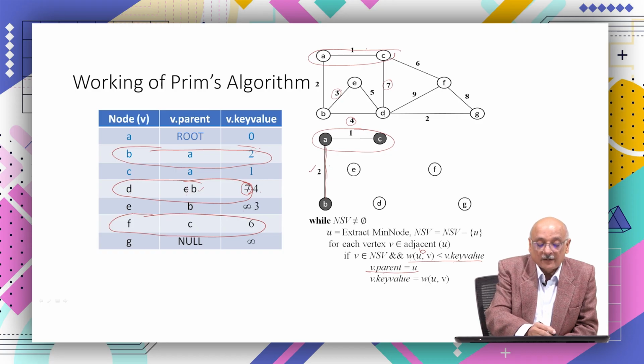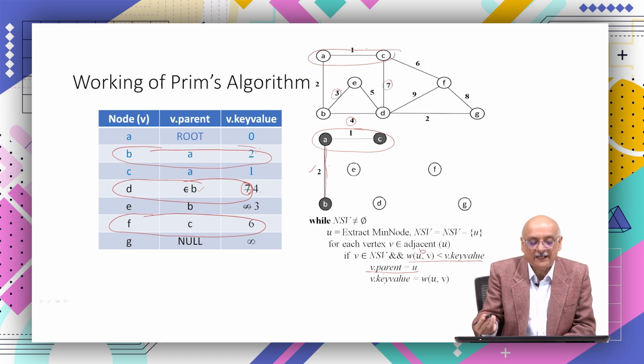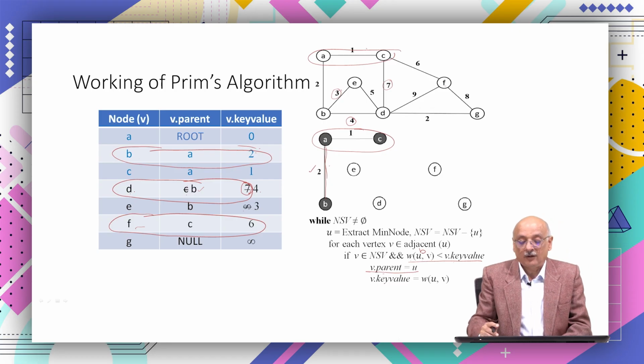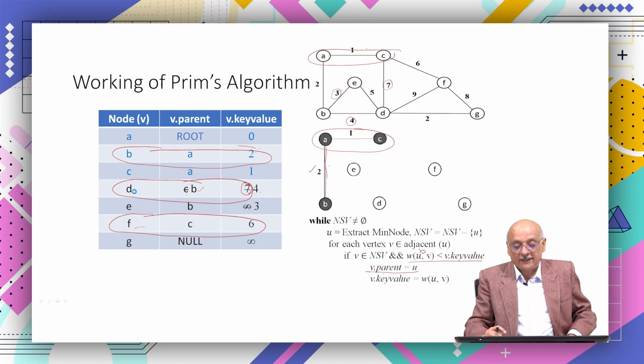Same is the case for E. It is very easy, from infinite to 3, and for F there is no change, C was already its parent. However, over here what you see, now the parent is B for D. All right. So let's move to the next iteration.